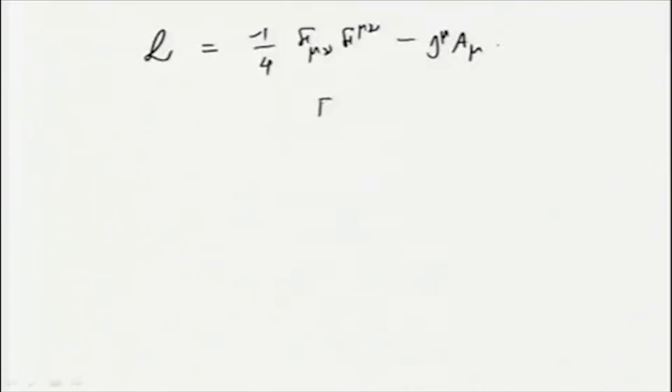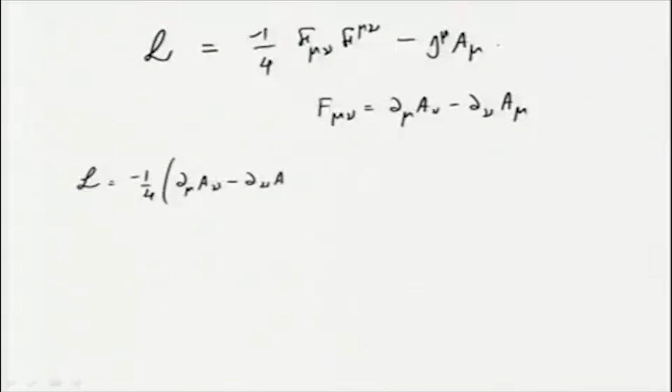F mu nu for us is equal to dou mu A nu minus dou nu A mu. So, if I expand the Lagrangian, F mu nu, I have minus 1 over 4 dou mu A nu minus dou nu A mu contracted with dou mu A nu minus dou nu A mu, minus J mu A mu.